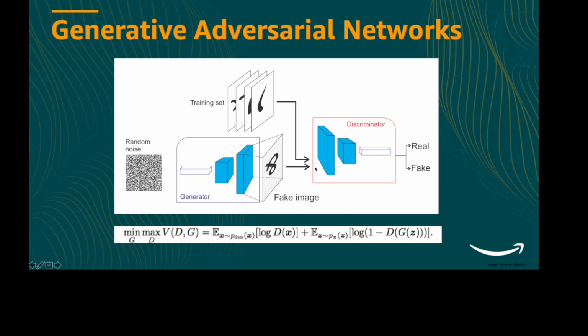When we pass it to the discriminator, if it is good, it will be able to tell that it's a fake image, meaning it's an image generated by the generator, not a real image from the training set. So a good discriminator will tell it's a real image if the image is from the training set, and it will tell it's a fake image if the image is from the generator.